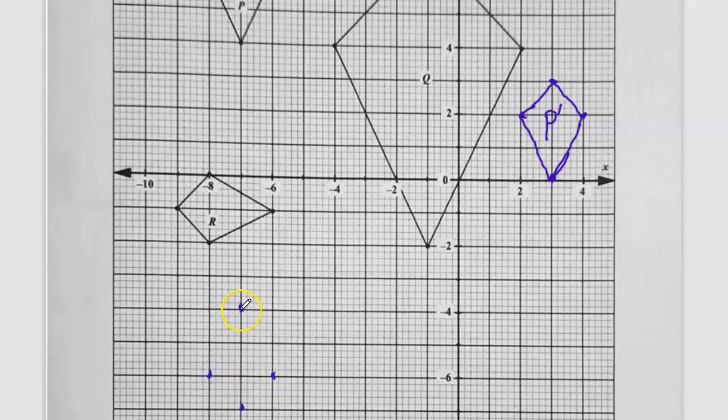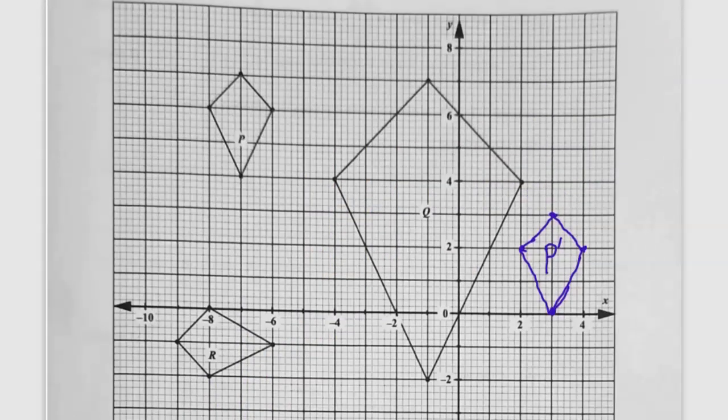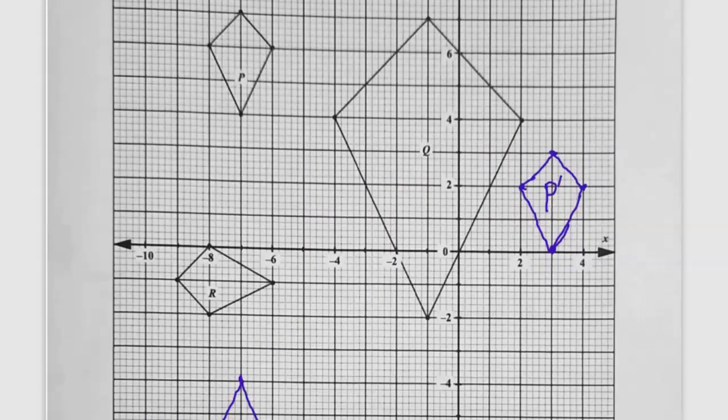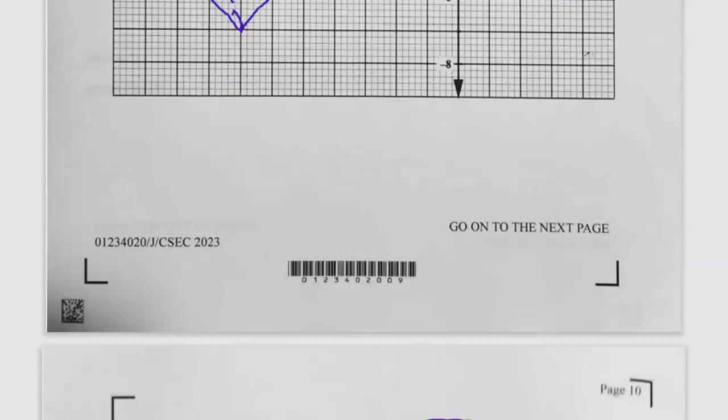You should use a ruler, but since I don't have a ruler, I'm just using freehand. This is P double prime, a reflection of P in the line y equals 0, the same line as the x-axis. Right, next.